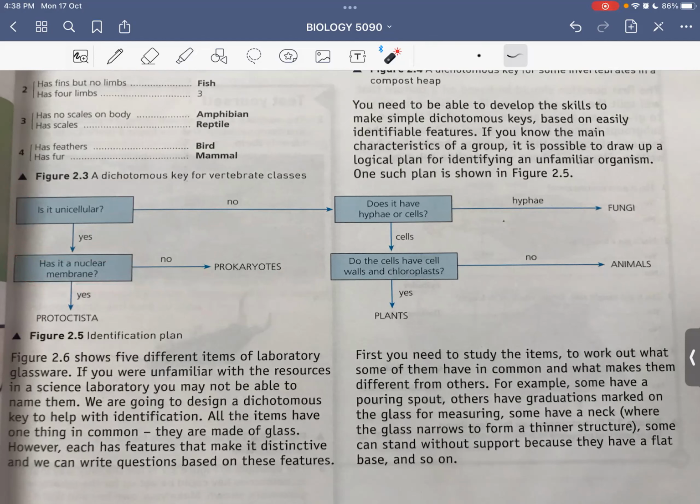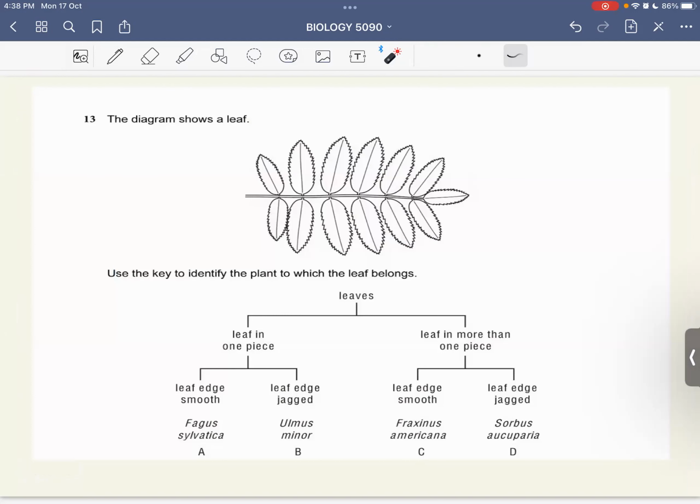What about the answer to this question? Use the key to identify the plant to which the leaf belongs. First of all, tell me, is the leaf in more than one piece or in one piece? Miss, it's in more than one piece.